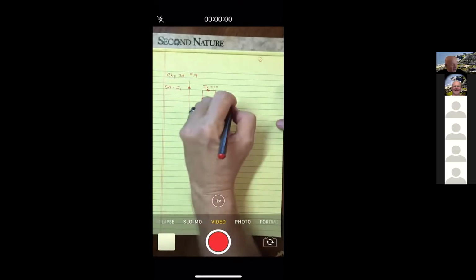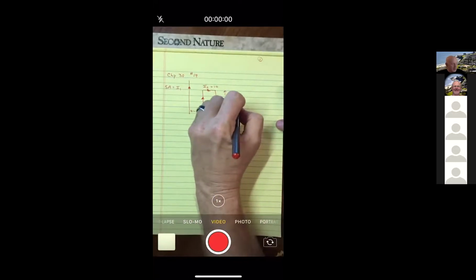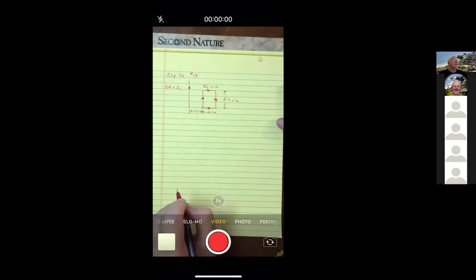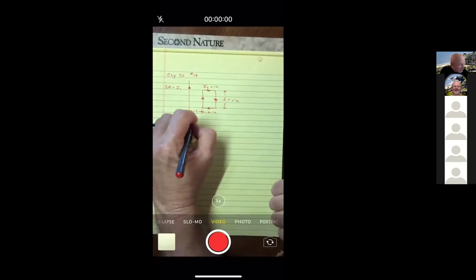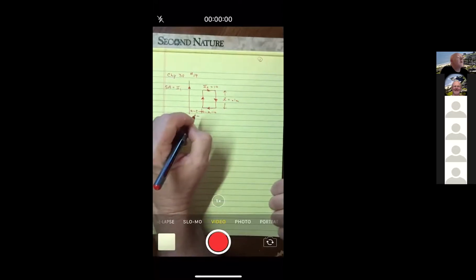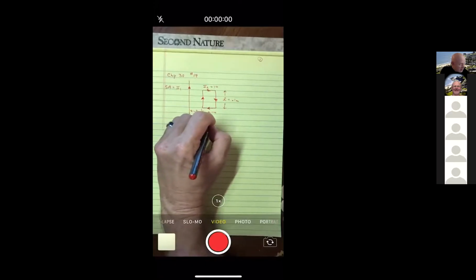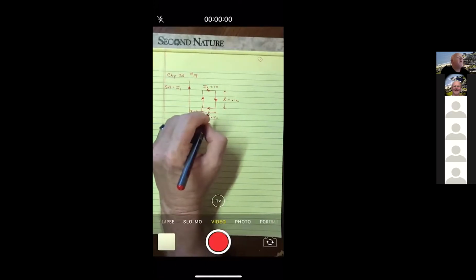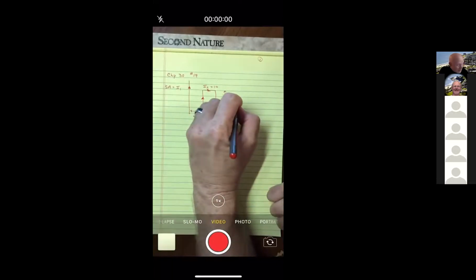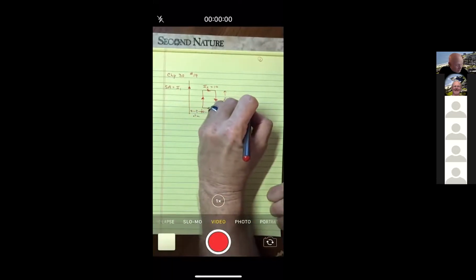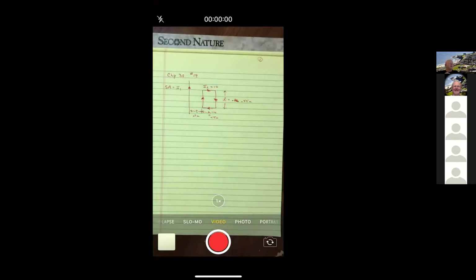And the dimensions are 0.1 meters for its length. I can't read that very well, but I think that's a C. So this is 0.1 meters for C. A is 0.15 meters, and L is 0.45 meters.